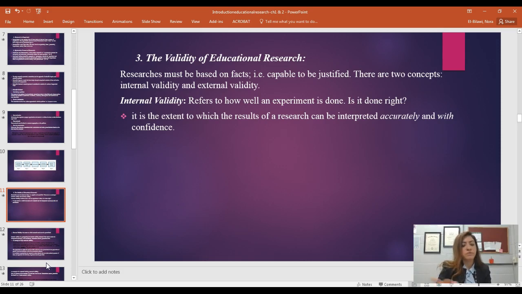For example, if your students are answering a math equation and they just put the answer for you, is this a valid answer? Can you give them a final grade? No. Why? Because they did not include the details that tell you, as a reader, as a person who's checking the answers, how or why they came up with this answer. So that makes it an invalid answer. Okay, so hence the internal validity.